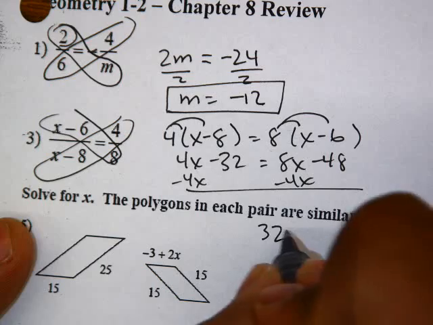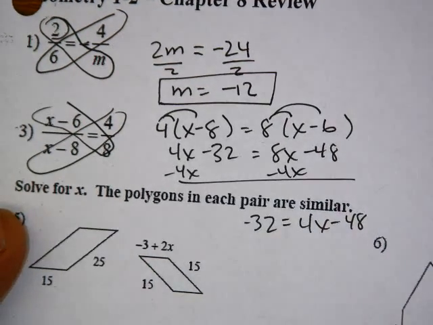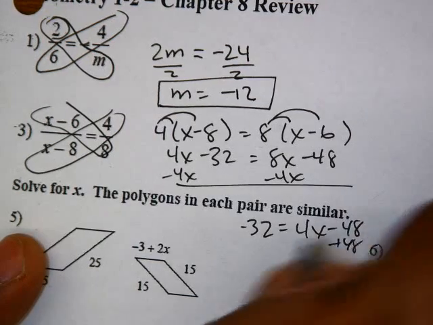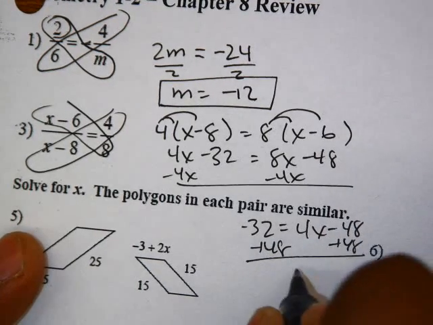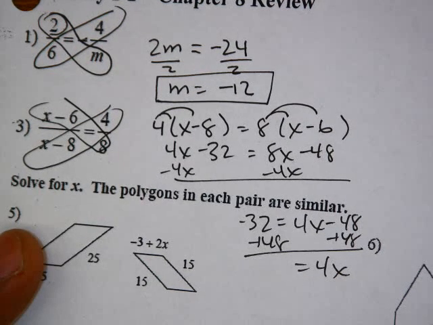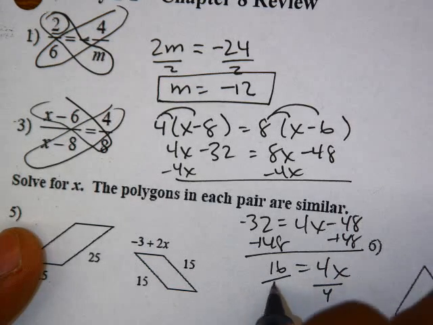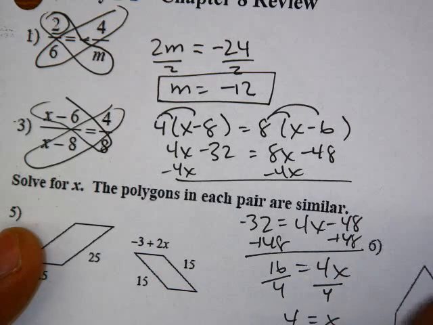That's negative 32 equals 4x minus 48. Add 48. That's 4x equals 16. Divide by 4, and x is equal to 4.